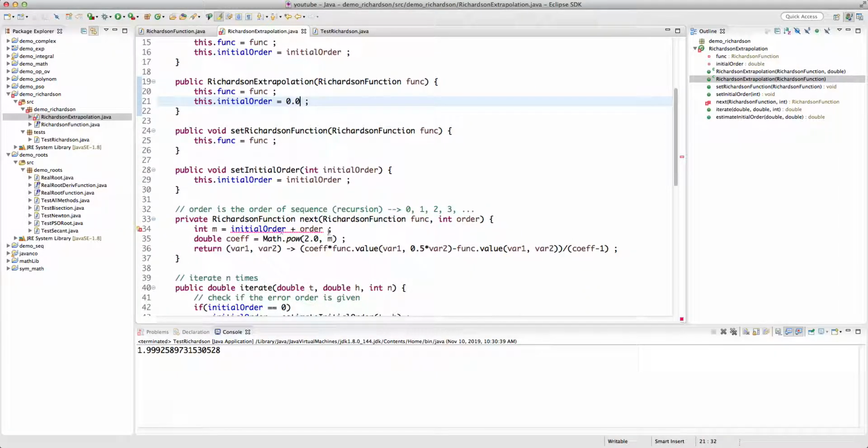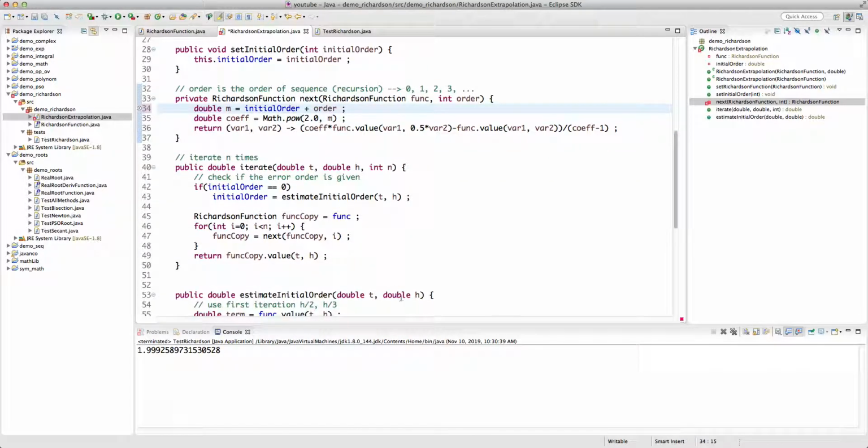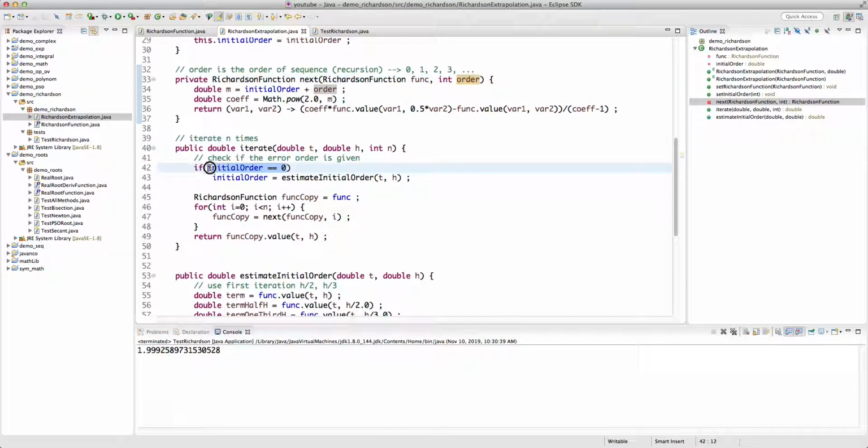And then the problem here is that, let's also make this double, but then the order of iteration we definitely want to be integer, so no problem there. And then math.abs initial order is less than 1e negative 10, for example.